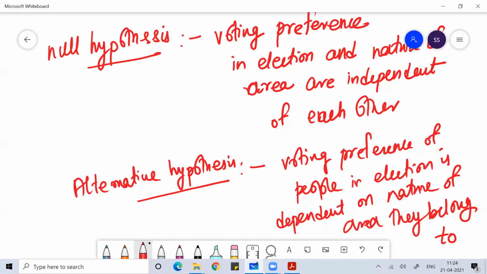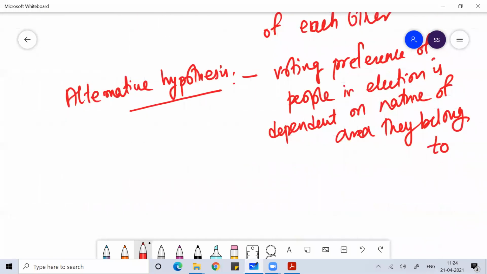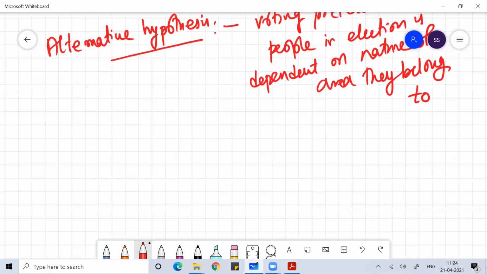So in chi-square, when we do the null hypothesis, we say that both are equal, they are independent of each other, while in the alternative hypothesis, we say no, they are not independent. Equal is not the better word; there is some relation between them. So this is what you have to do.